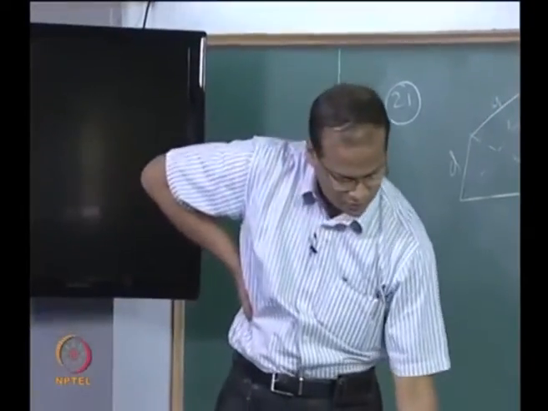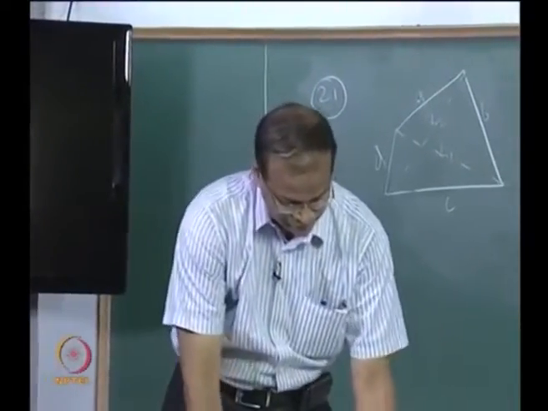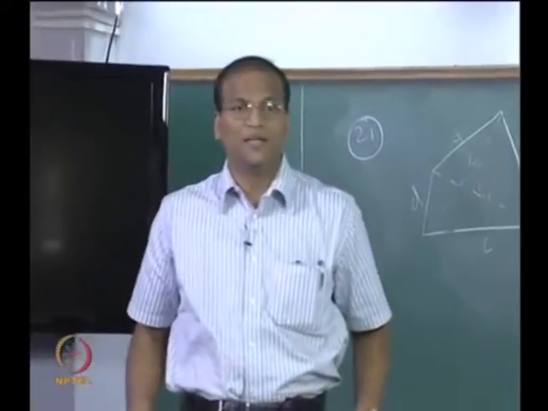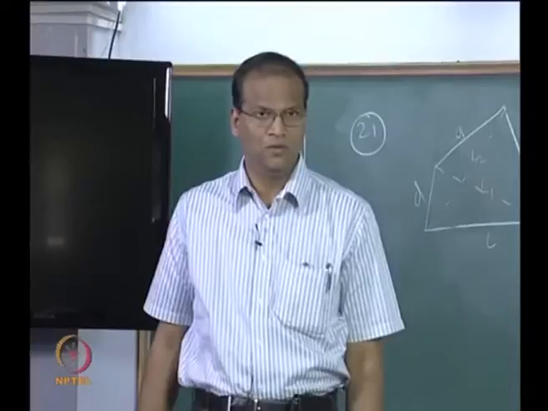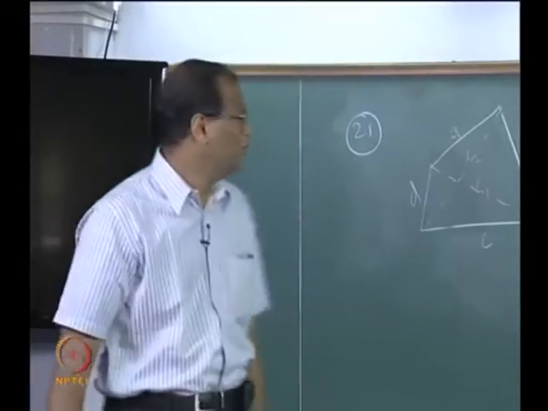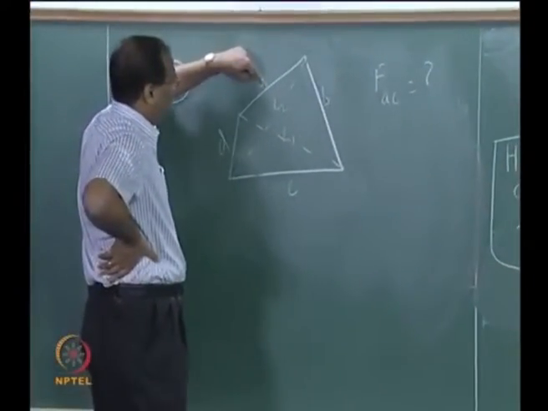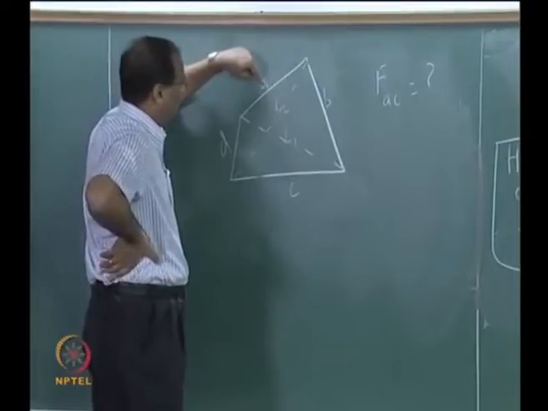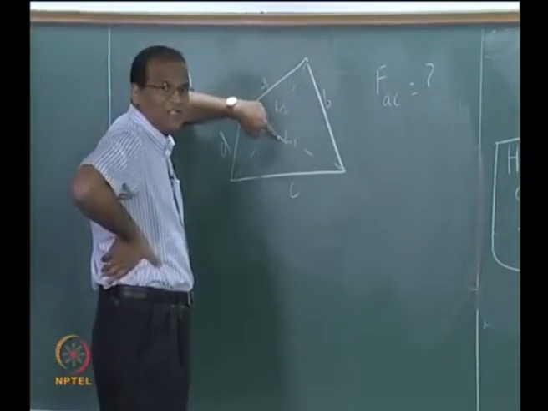And now, yes. Changing the physical situation, because we are changing the enclosure itself. No, but if you look at the energy balance, the sum of FA to A plus A to B plus A to this must be 0.